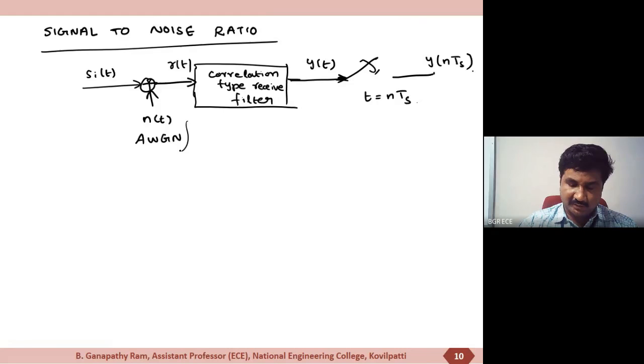At the input of the correlator, we can determine the SNR input, and at the output of the correlator, we can determine the signal to noise ratio output of the correlator type receiver filter.